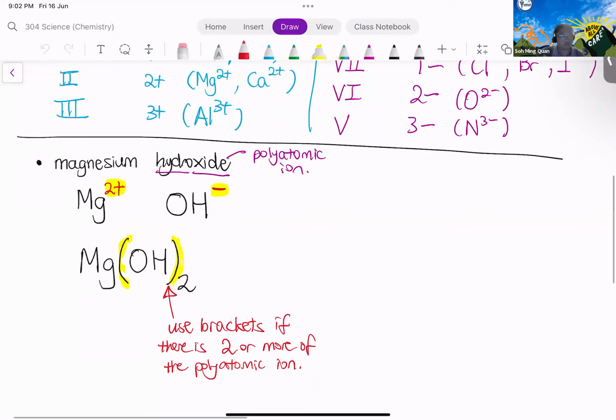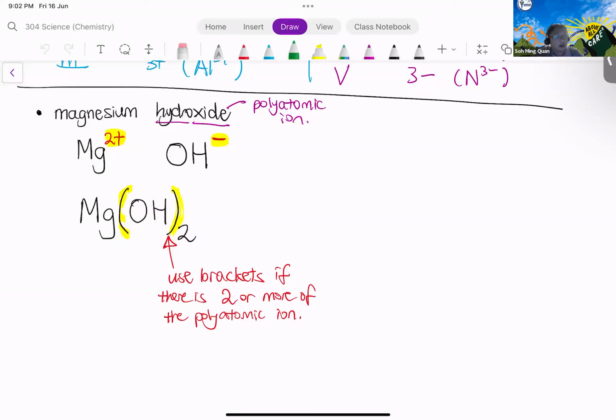Now, at this juncture, let's do a little bit of counting. Based on this formula written out for magnesium hydroxide, how many magnesiums are there? Did the 2 apply to the magnesium? No, right? The 2 only applies to what is inside the bracket. So the magnesium is 1. There's 1 magnesium. How many oxygens are there though?